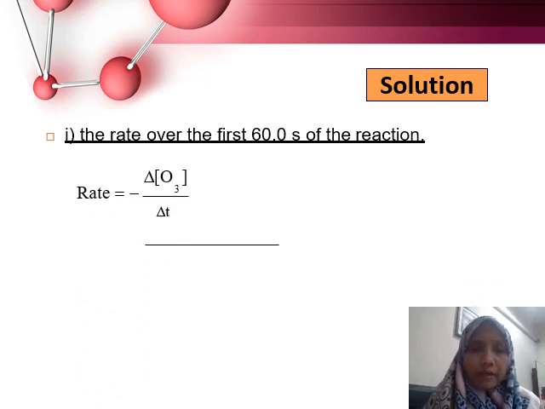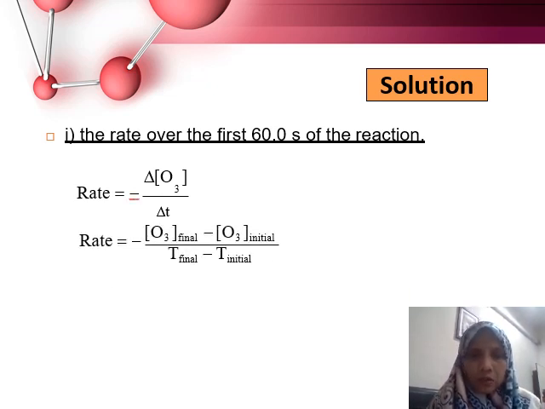So we write rate as the concentration of the reactant because we just compare on O3, ozone. So you can put the differential of ozone over delta T, delta concentration of O3 over delta T. And don't forget the minus sign because the reactant is always minus. That would be minus O3 final minus O3 initial over T final minus T initial. All the data can be taken from the table just now.